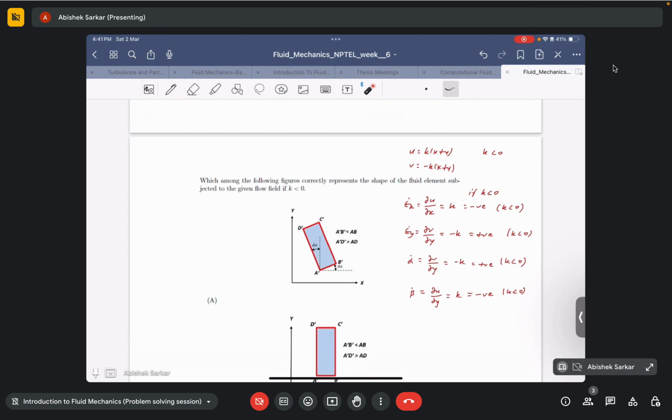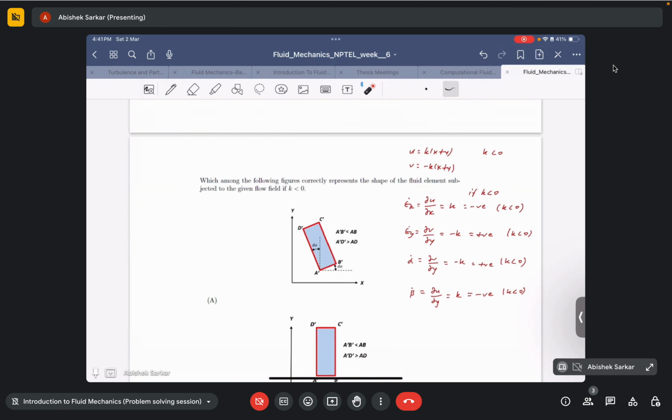Keeping those considerations in mind, since we are getting epsilon dot x, the linear deformation along the x direction, as negative, it will basically mean that the fluid element has contracted along the x direction.